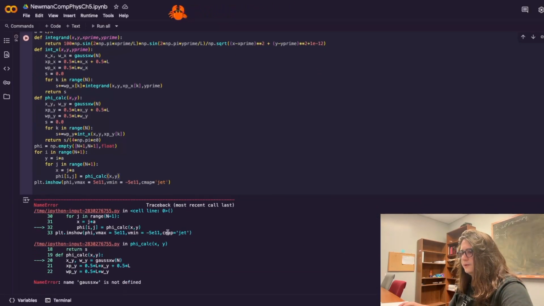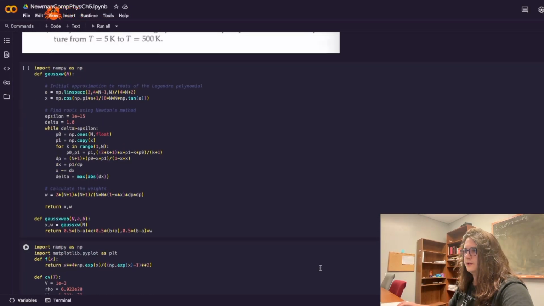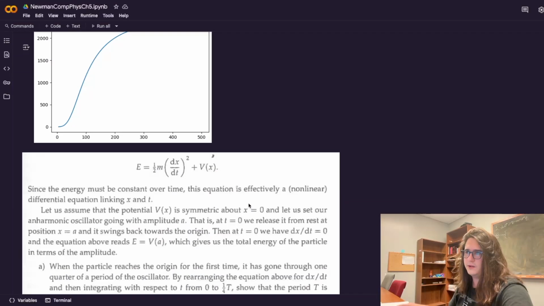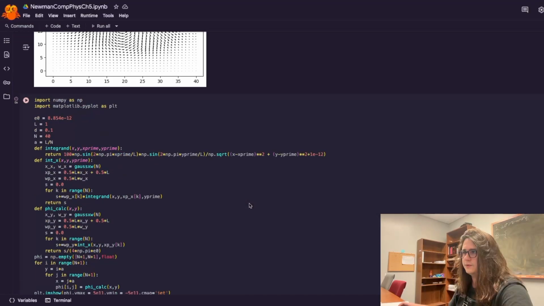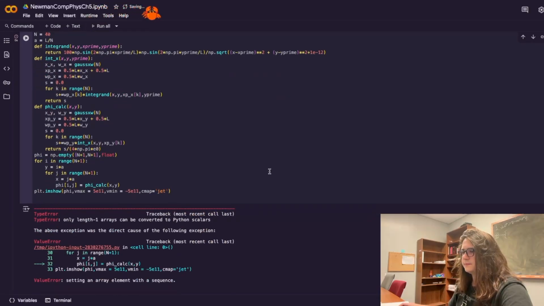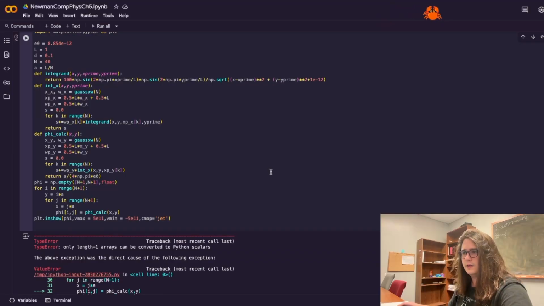And also gaussxw is not defined because I didn't run the code cell that came from, which is this one, again from the online resources. Go and get this and run it before you run this, which is our beautiful scalar potential code. And now it's telling me that setting an array element with a sequence, that's not good.